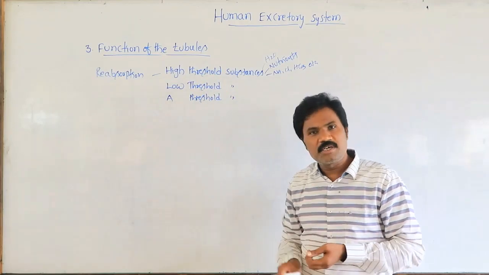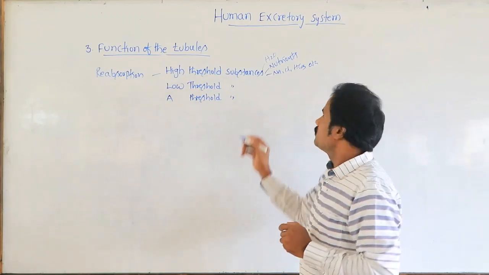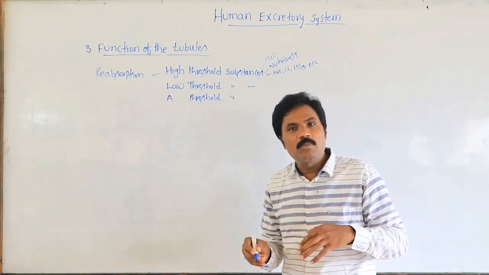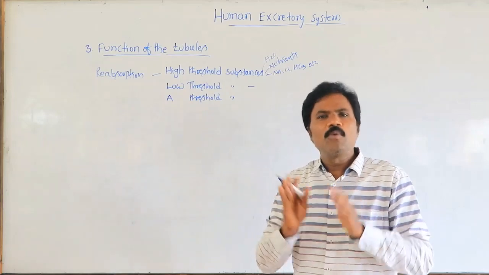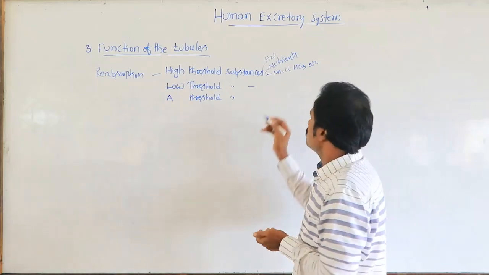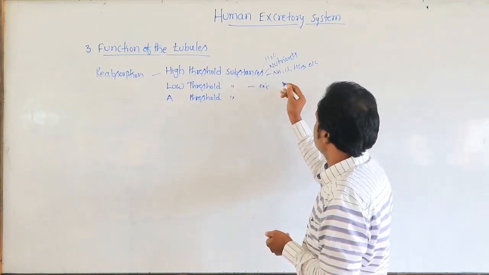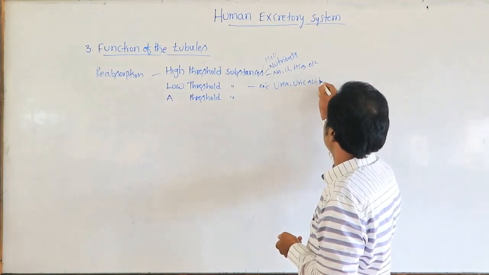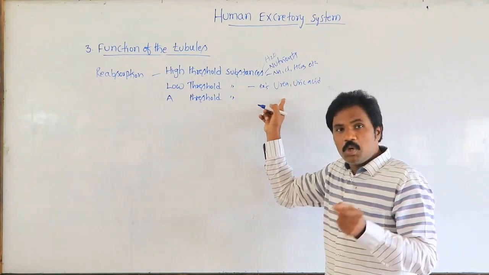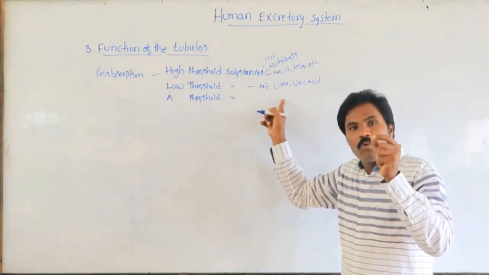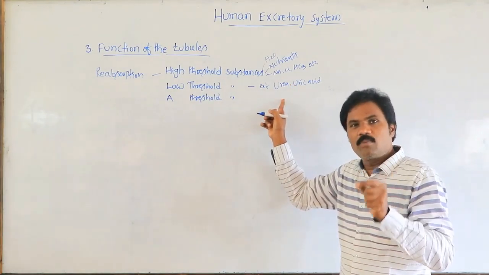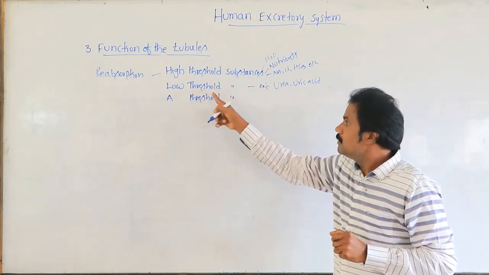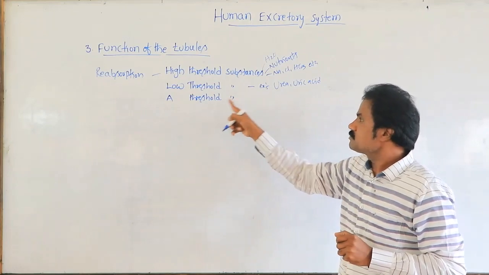Low threshold substances are reabsorbed in very low amounts, very little. Examples are urea and uric acid. Such substances we call low threshold substances.